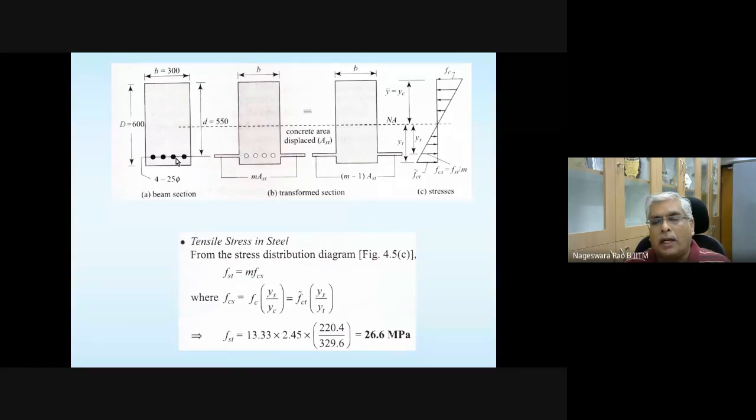There are two types: it can be analysis or it can be design. Whatever we are doing currently is analysis of a given reinforced concrete section, based on which we find its cracking moment and the stresses in the steel as well as concrete. Okay, any questions here?